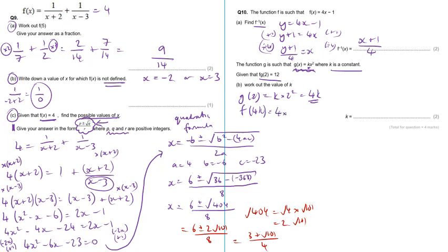Oh, yeah, that's 4 times 4k. And then we can tidy that up. So 16k, take away 1. Now, that's what f of g of 2 is equal to. But we're also told that this is equal to 12.